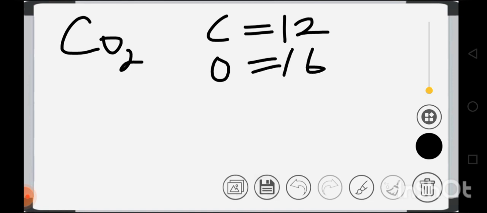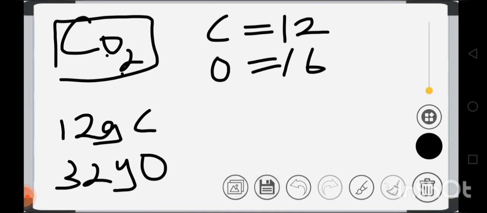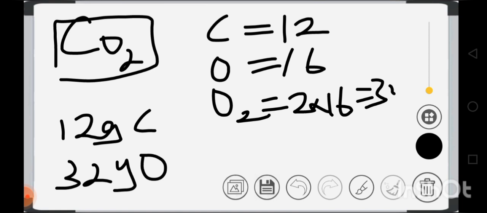So in a pure sample of carbon dioxide, if I have 12 grams of carbon, I'm going to have 2 times 16 grams of what? That is 32 grams of oxygen. Because this one is O2, so O2 will be 32, which is 2 times 16. Now, let's look at a typical question.